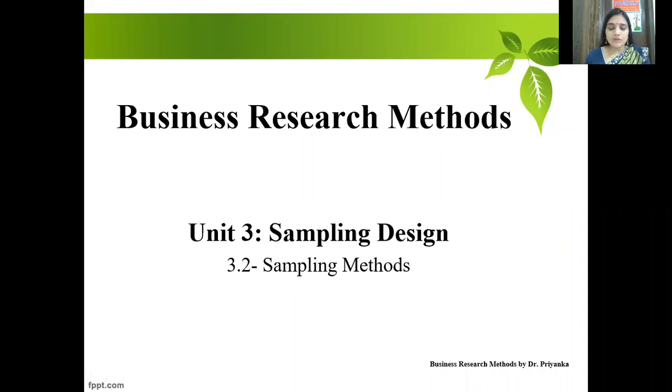In the last video, we discussed what a sample is and how it is different from a population. And we even discussed how a sample is to be decided. If we talk about the steps of sampling, then first of all, it was deciding the target population. Then after that, it was about deciding a sampling frame.